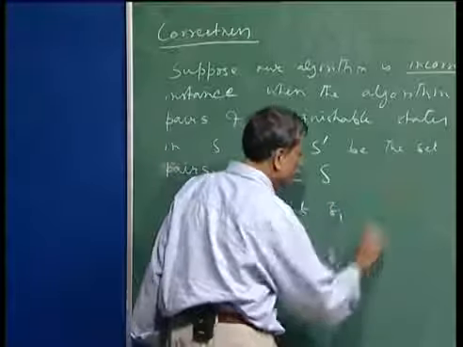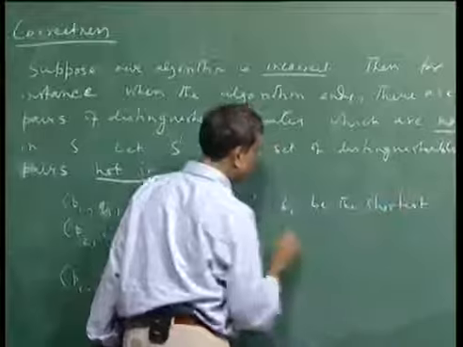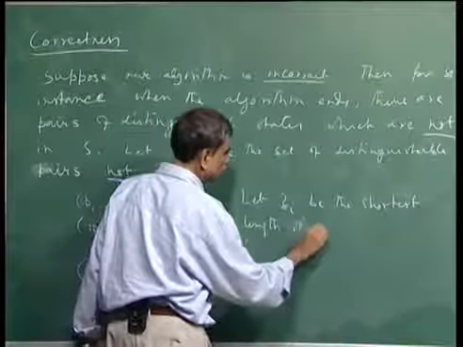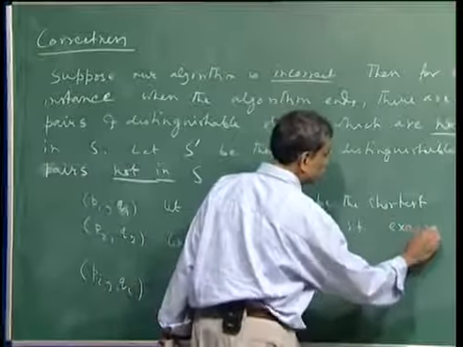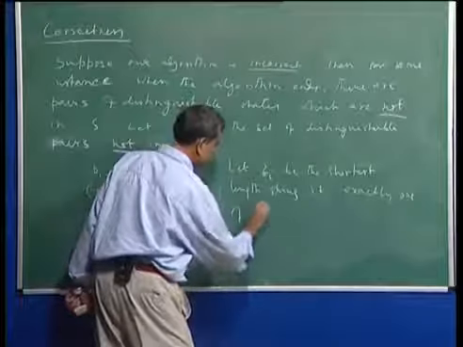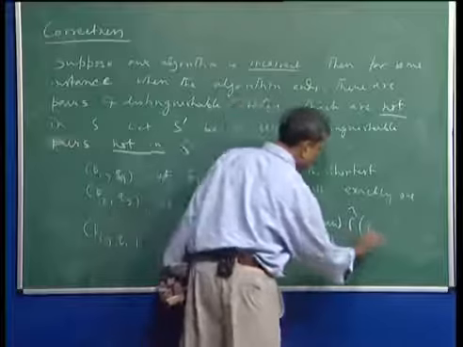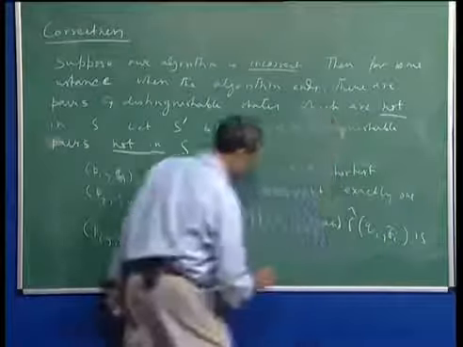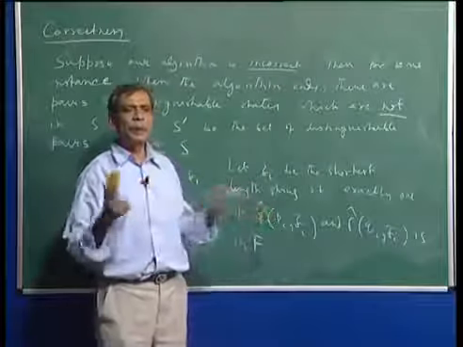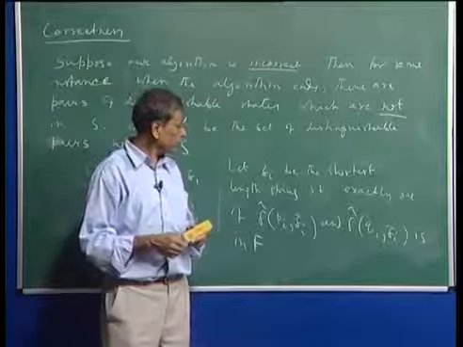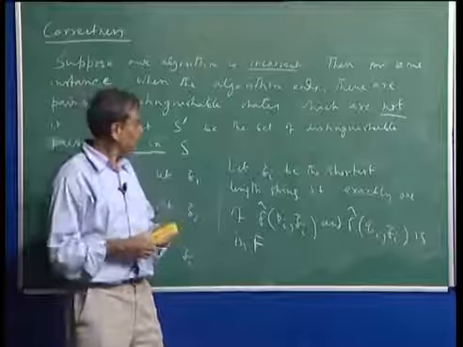Let Zi be the shortest length string such that exactly one of Pi Zi and Qi Zi is in F. That means the string Zi witnesses the fact that the pair Pi Qi is distinguishable, and we are saying that Zi is the shortest such string.